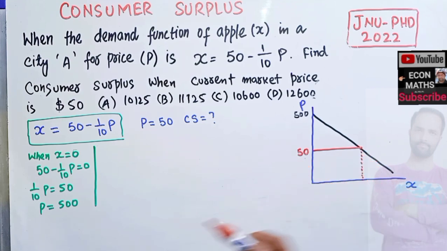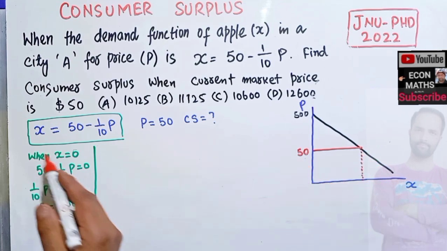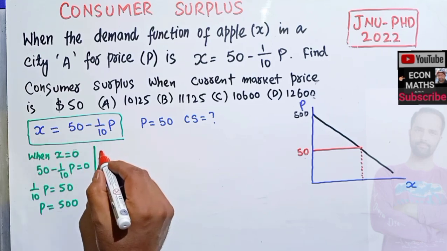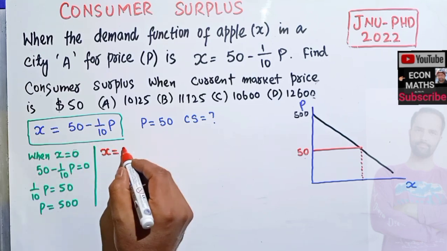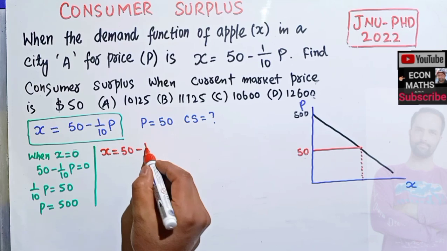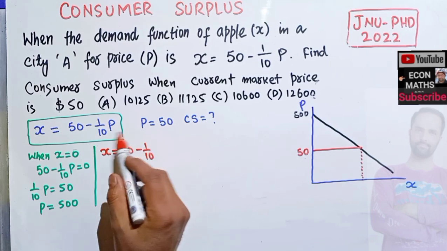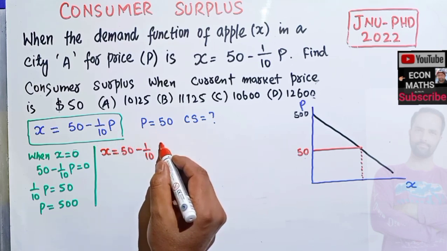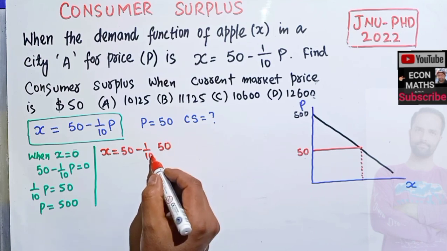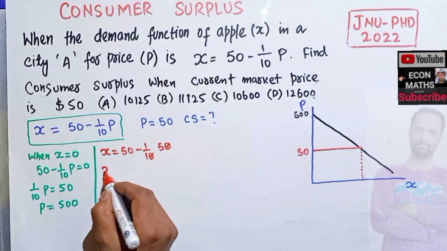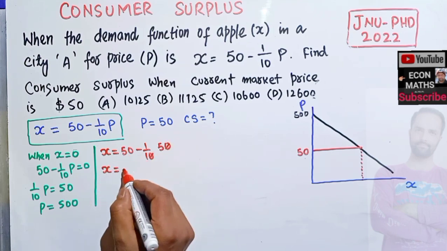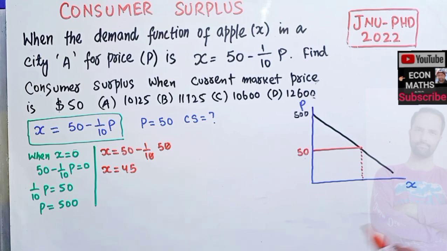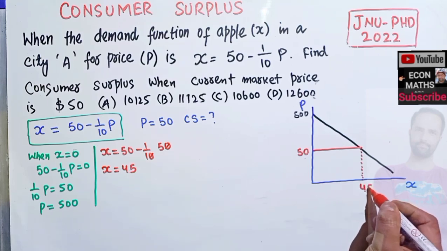So x is equal to 50 minus 1 upon 10 times 50. We plug the price that is being given as 50 here. The 0 and 0 get cancelled, so x comes out to be 50 minus 5, which is 45. So we got 45 here.